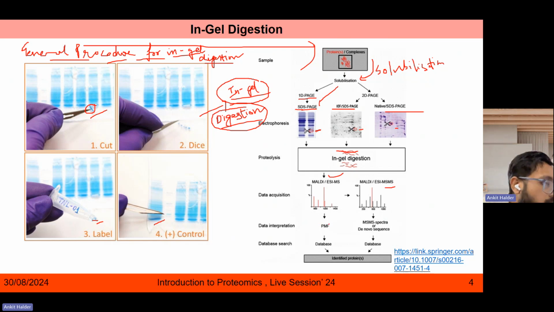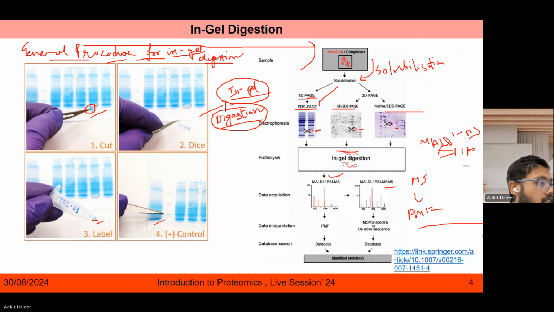So if we are having MALDI MS or just ESI MS, the basic difference is that if we get only MS, we can have PMF.